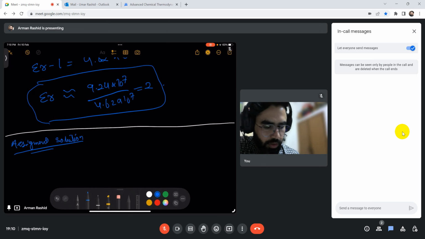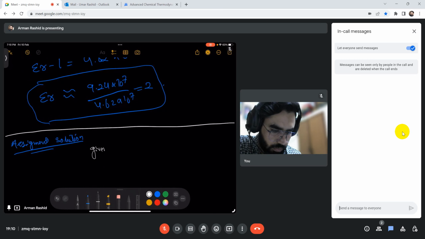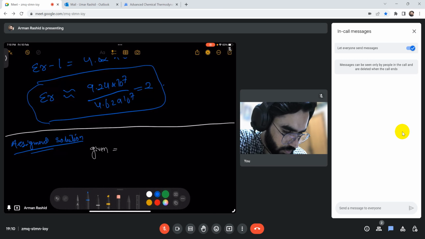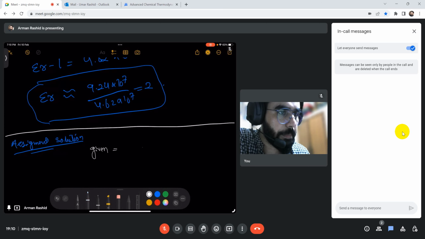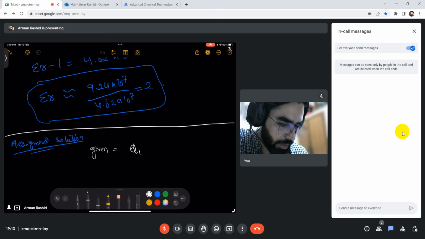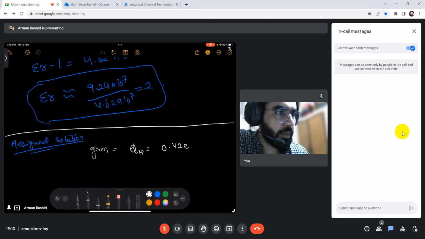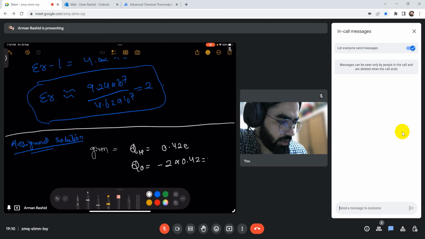So what is given is the charge present on the hydrogen, that is 0.42 atomic unit, and then the charge on the oxygen atom, given by minus 2 into 0.42, that is minus 0.84.